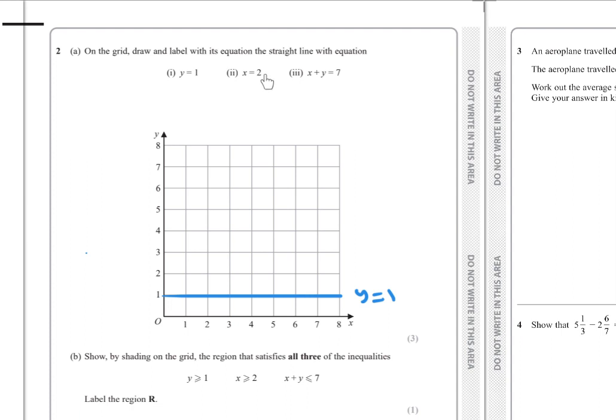X equals 2 is a vertical line that intersects the x-axis at 2. Now draw the line and label it. So this is the line x equals 2.